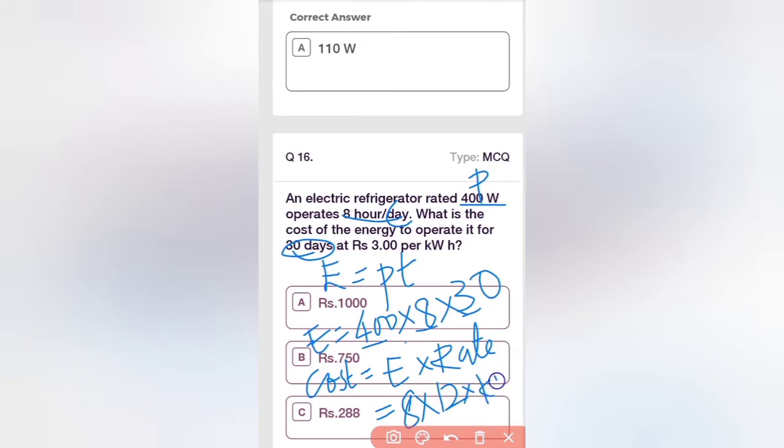Actually it is expressed in kilowatt hour. That into 3. So I need to multiply with 3 rupees per kilowatt hour. So per kilowatt hour will get cancelled and we'll get rupees. So we will get 288. That is 36 into 8. So rupees 288 is the correct answer.